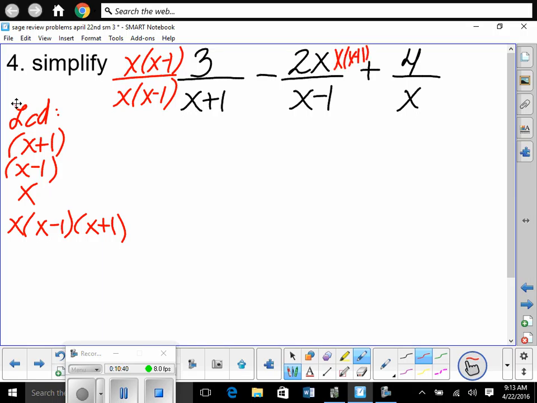You guys all see how we have an x minus 1. We need an x and an x plus 1. So x over x times x plus 1. Sorry. And then in this one, we need to multiply by x minus 1 times x plus 1. Is everybody good? Now our denominators are going to be the same.